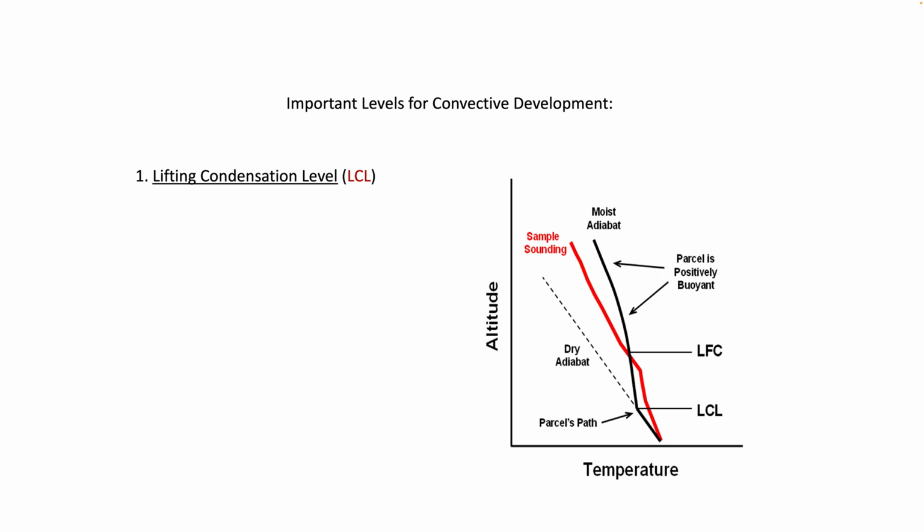So from the surface, if we talk about a surface-based parcel, the parcel will rise and cool dry adiabatically as long as the air inside the parcel is dry or subsaturated, and it cools to its dew point right at the lifting condensation level. So the lifting condensation level is the level at which a rising parcel saturates.